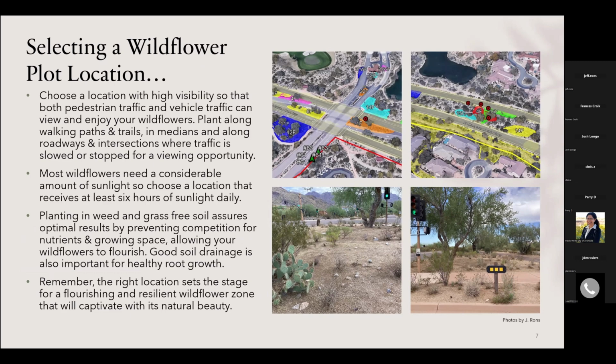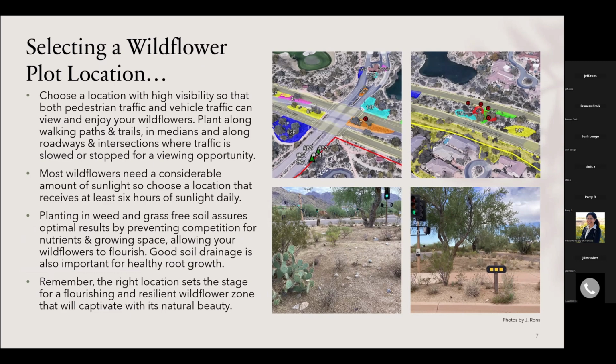Walkers, hikers, if they're stopped waiting for the crosswalk. And then you can see when they go across the crosswalk, they get to see the wildflowers in those plots. And then going up towards the top of that one, you can see there's one of our gatehouses. So we even have a couple small plots near those gatehouses.